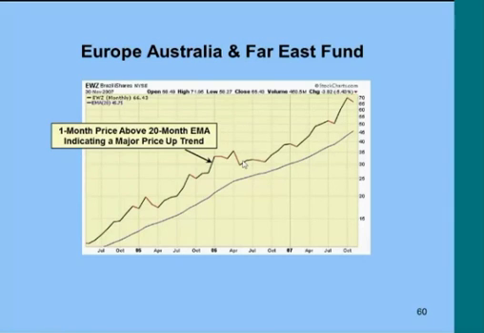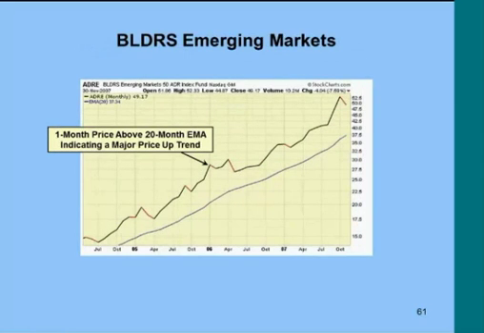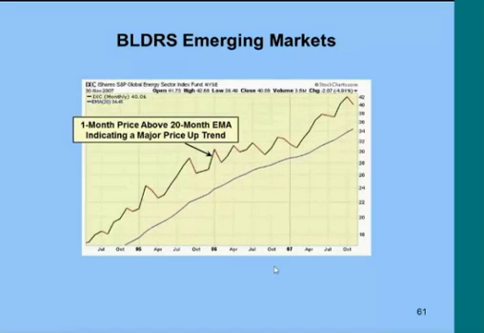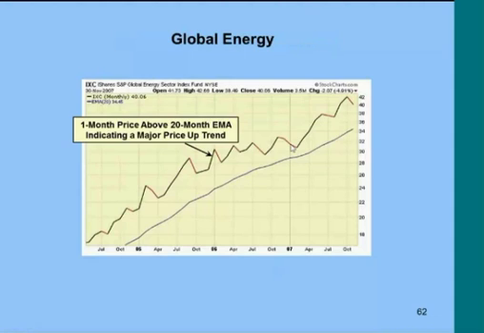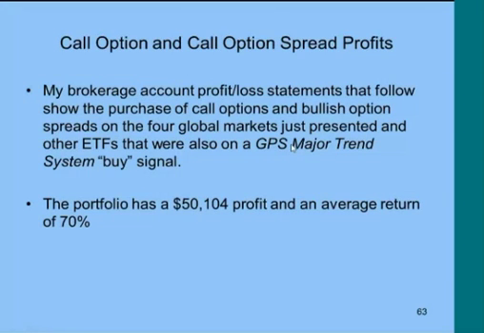Here's another example. This is the Europe, Australia, and Far East Fund. This was on a buy signal. The Builders Emerging Markets ETF was on a buy signal. And the last one is the Global Energy. I'm going to show you my brokerage account statements that show positions in these four markets.